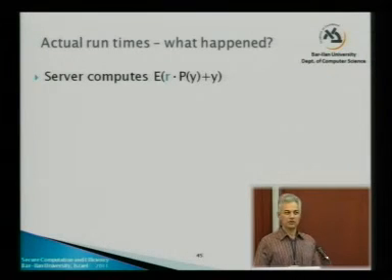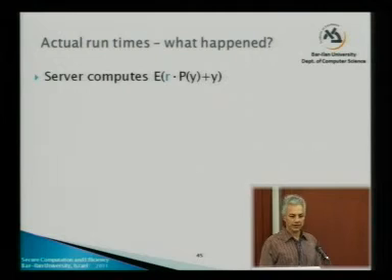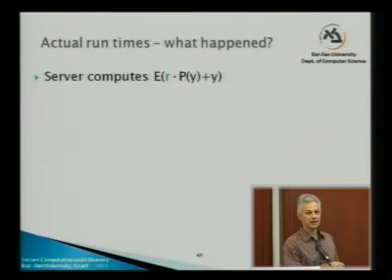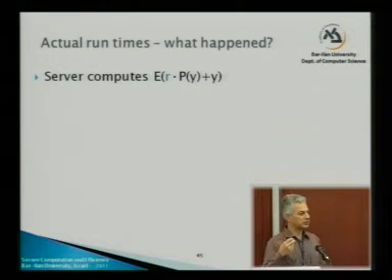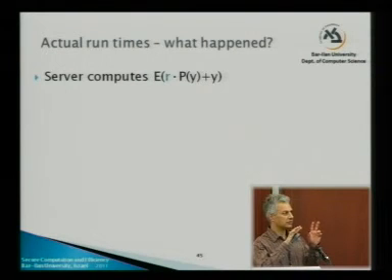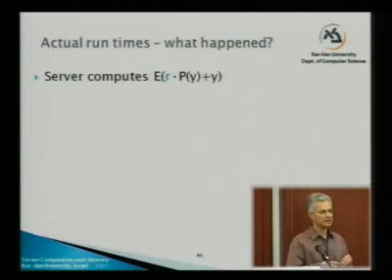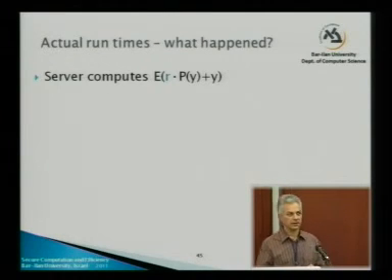What the server actually computes is not only a polynomial. It computes the polynomial, and then it multiplies it by r. R is an exponentiation. Computing the polynomial is exponentiations with short exponents, and this multiplication by r is with a large exponent.